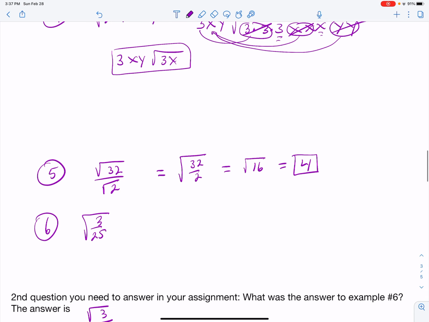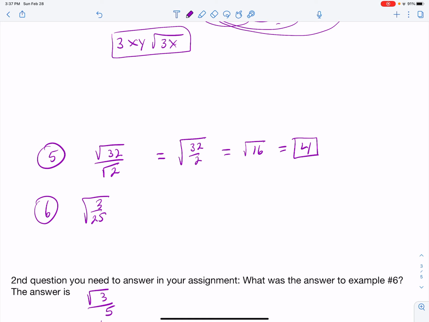But take a look at number 6. Number 6, shoot. If I say the square root of 3 over 25, if I try to do 3 divided by 25, that doesn't work for me. It won't neaten it up. And why is it not simplified? Because the radicand right now is a fraction.